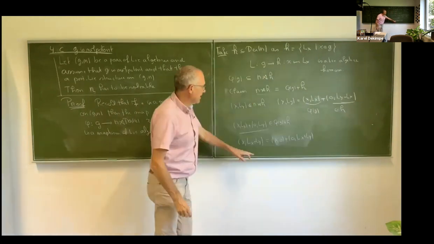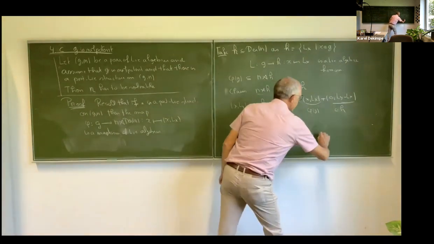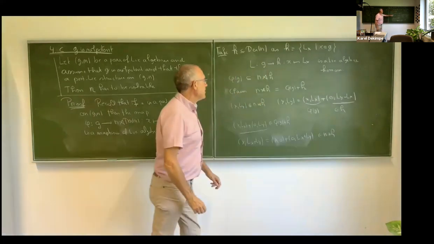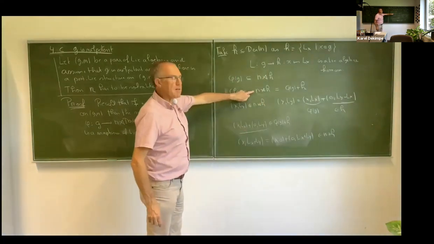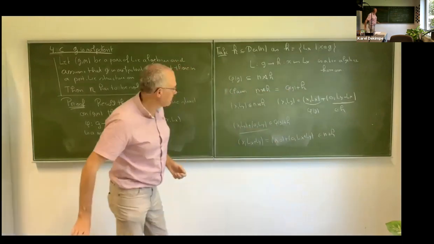So this is an element of n, and this is an element of h. So this is an element of n plus h, which is the semi-direct product over here. So I have shown that these two spaces are the same.